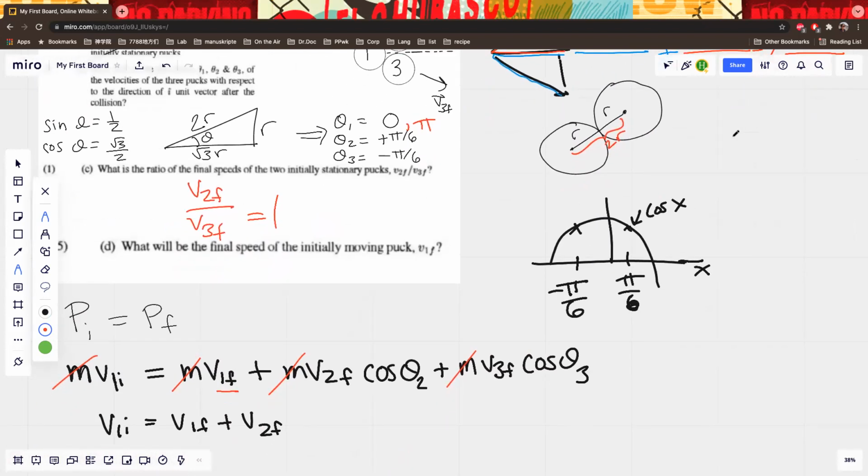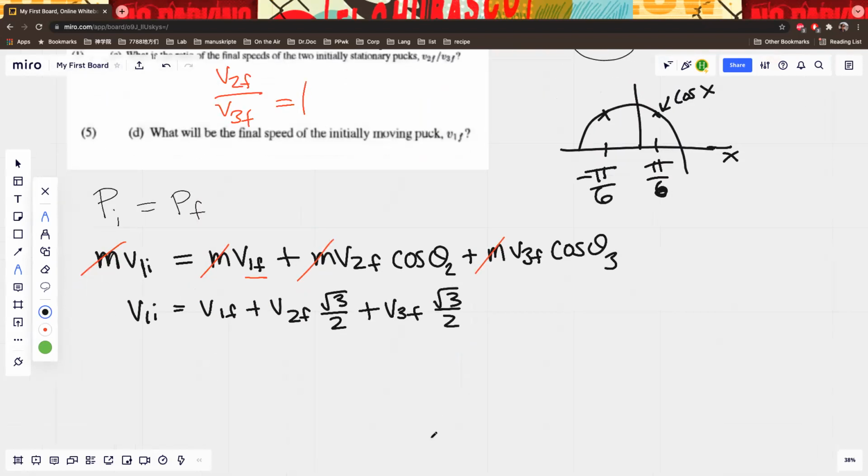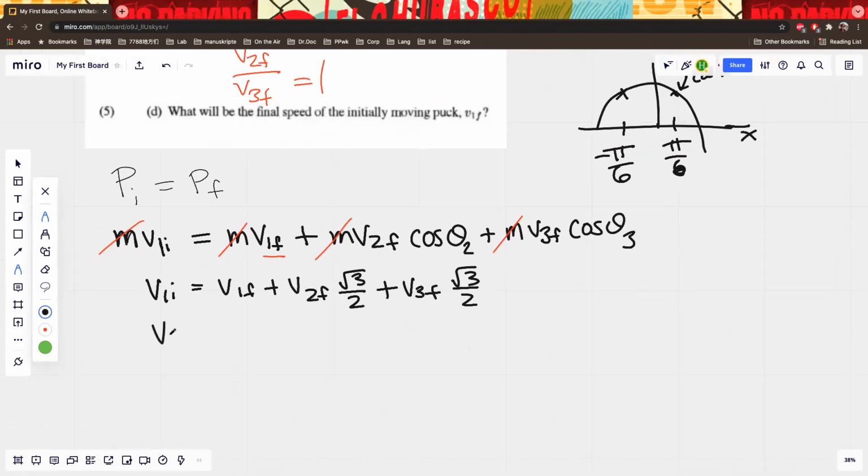So we can simplify this. Let's do cos of theta 2 equals root 3 over 2, so it's root 3 over 2 plus V3F times root 3 over 2. V1I equals V1F plus 2 times V2F.